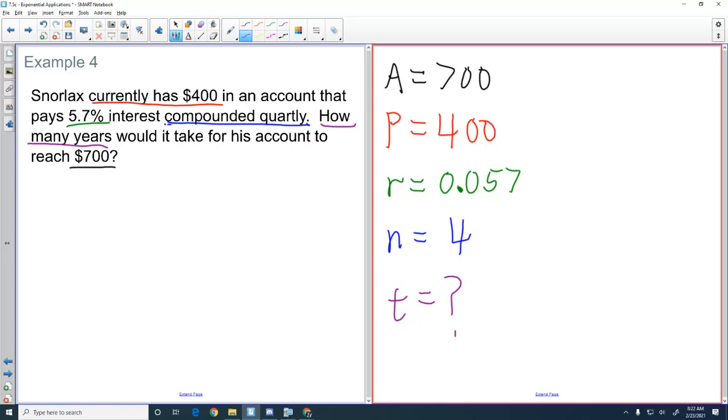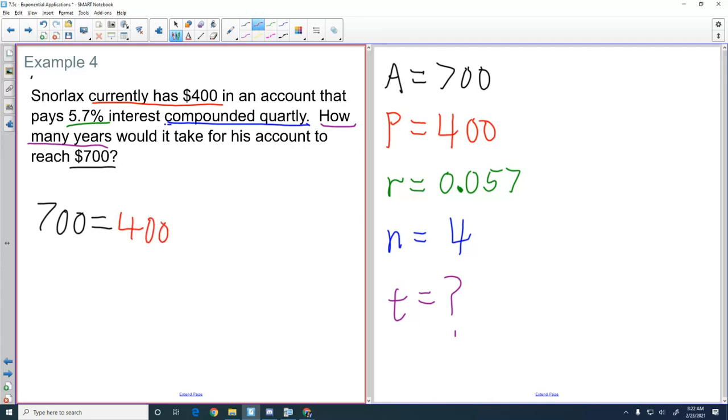So I'm going to plug all these values in. And we've got 700 equals 400 parentheses 1 plus R divided by N, that interest rate divided by the number of times it kicks in per year.